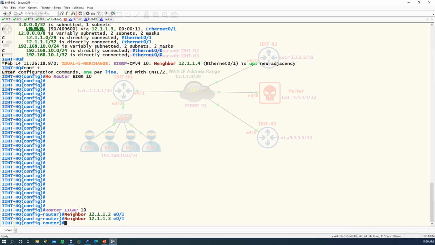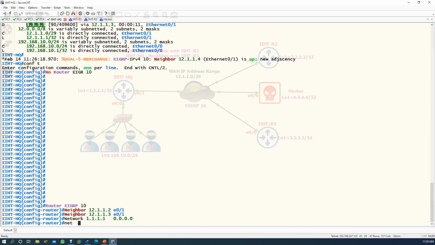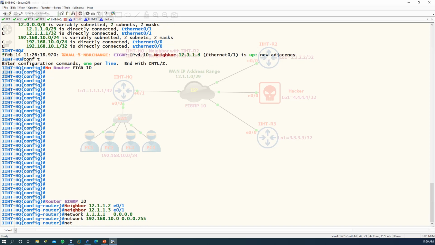Okay, then under network, you advertise 1.1.1.1, then network 192.168.10.0 255, and then network 12.1.1.0, sorry, 12.1.1.0 /27.